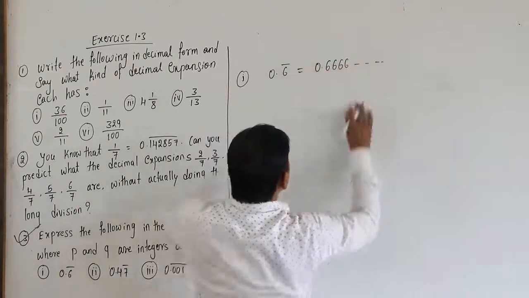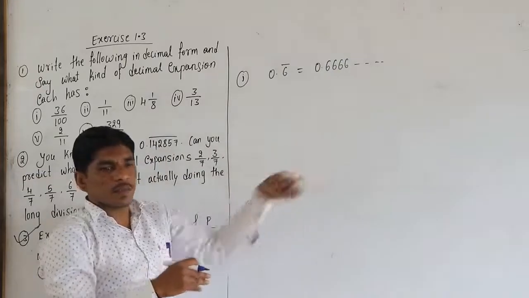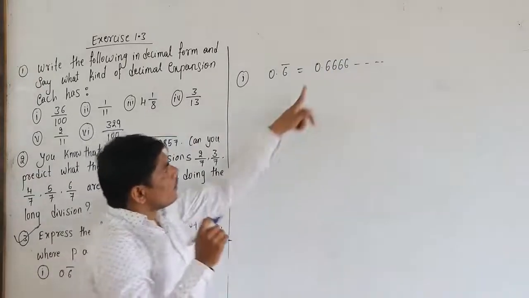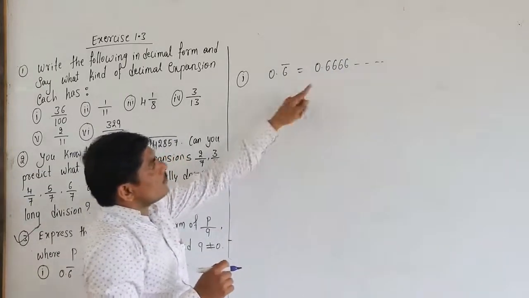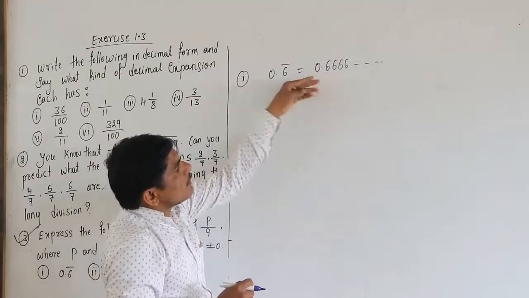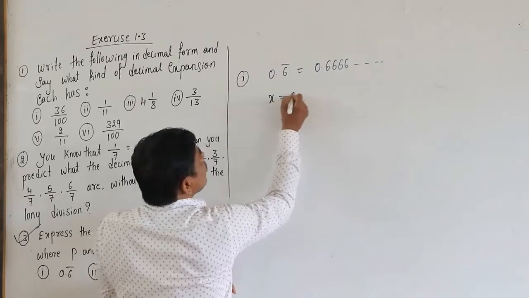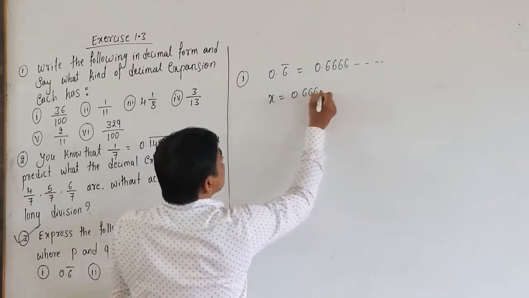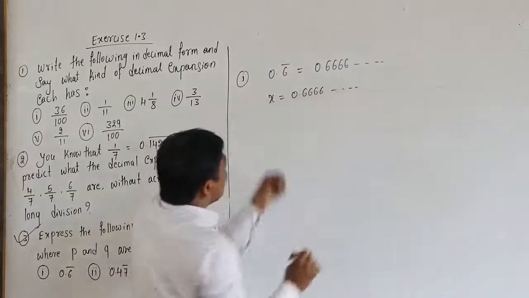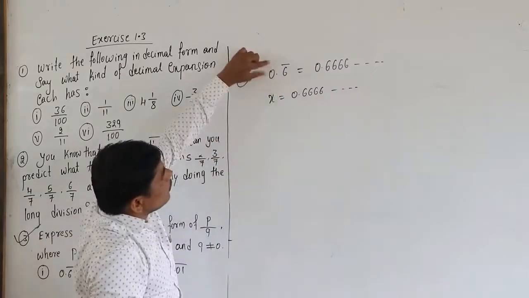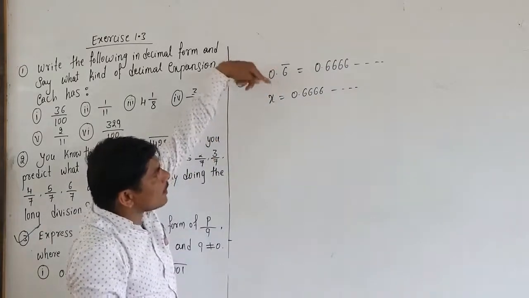Now 0.6 bar means 0.6666 and so on. It means 6 is continuously repeated. One more point, since 6 is continuously repeated, you have to consider x is equal to 0.6666 and so on. Now in this problem we observe how many numbers are repeated continuously.